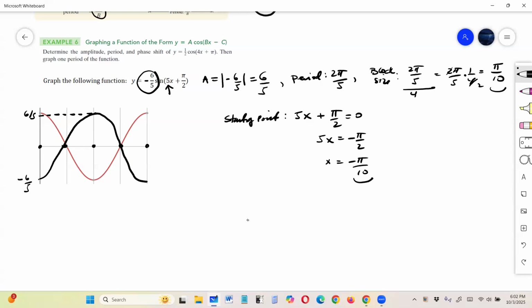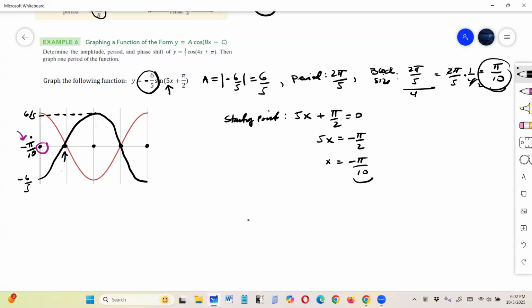So I'm going to start at negative pi over 10. And notice, you don't have to shift anything. You're going to graph it as if this location here is your origin, and we just relabel it with the starting point. So negative pi over 10, and then each successive point is pi over 10 away. So I'm starting with negative pi over 10.